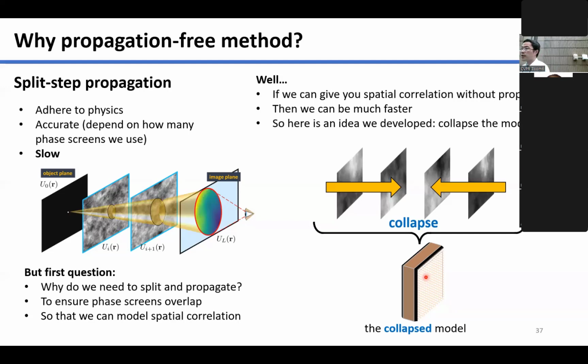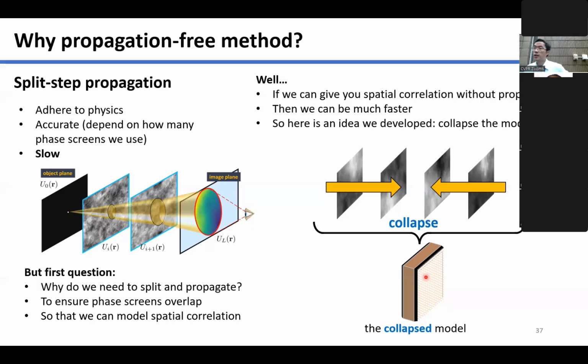Well, the reason is, if ultimately what you care about is how many pixels you have shifted and how much blur you have, and I have a mechanism to tell you these two pieces of information, you don't really have to go back and do these overlapping circles and propagate through the Fresnel, because what you have been doing so far is to use that propagation mechanism to tell you the correlation and the blur, and what we call the tilt, right?